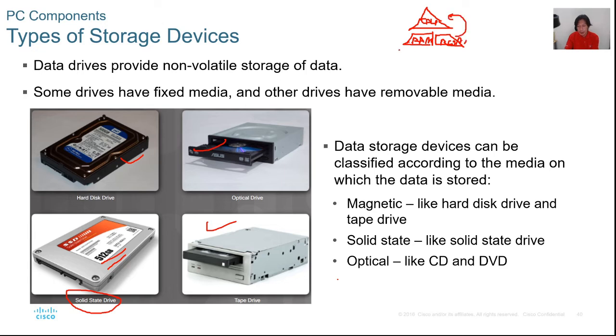On the third line are the secondary drives. Different types of secondary drives must be there: the hard disk drives, the optical drives, the SSD drives, and the tape drives, which are here on the third layer.